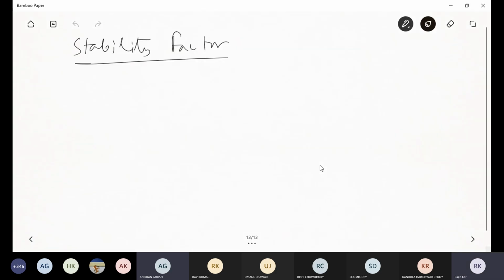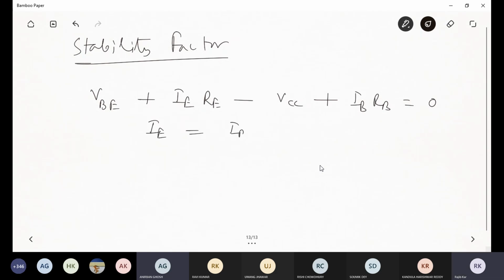Stability factor is important for me. So I'll again write down this input loop. IB RB is equal to 0. Again, IE is equal to IB plus IC. Okay, so I will not assume any negligible parameters, so include this IB into account.